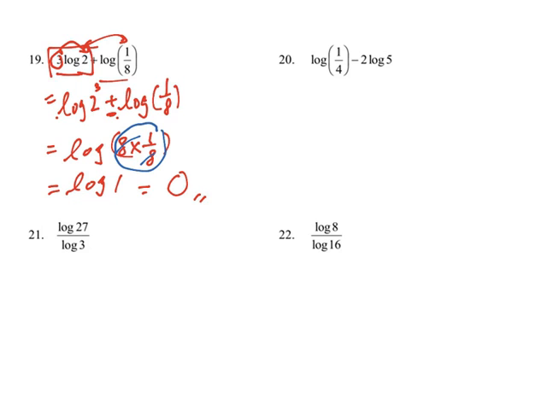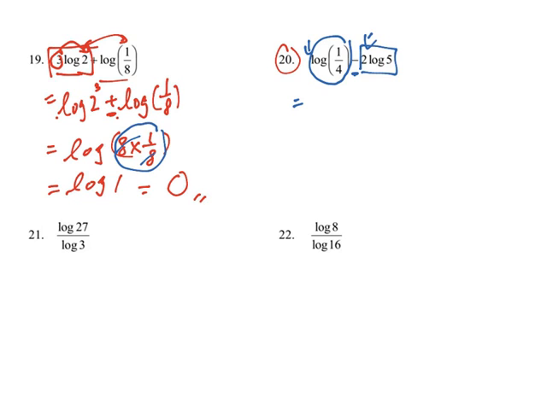Okay, next, try to use 2 minutes to finish question 20. Okay, let's try it. This time we can see a minus between 2 logs. For the first log, no coefficient, but for the second term we have coefficient 2.